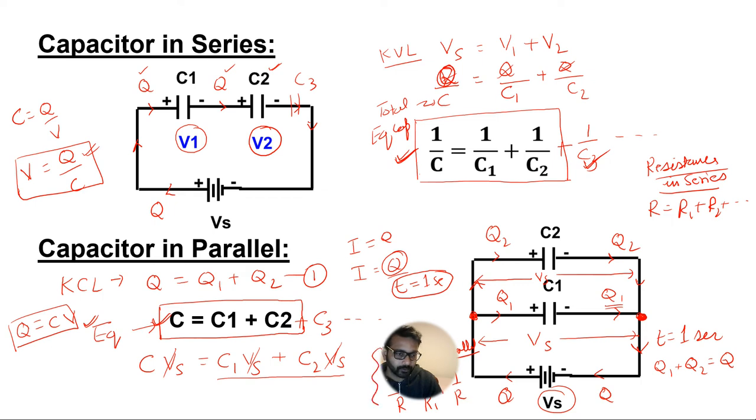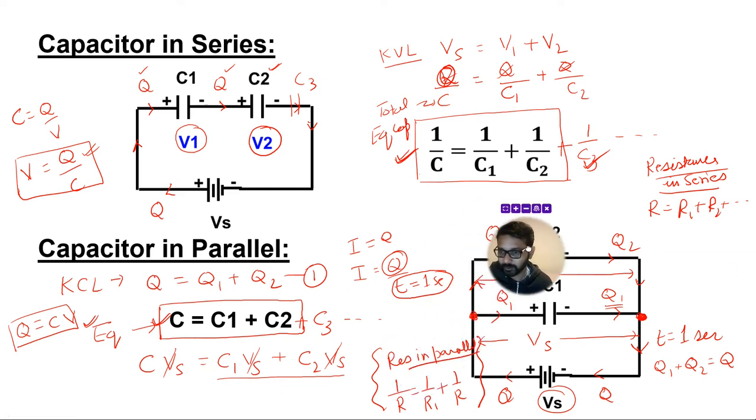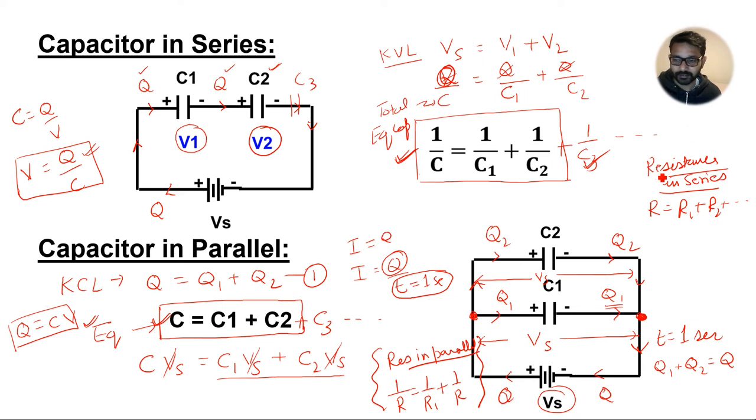So one thing to note is that the formulas are just the opposite. The formulas for resistance in parallel are just opposite of the capacitance formula which we have just discussed. So don't get confused with this.